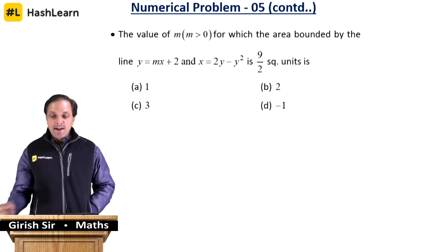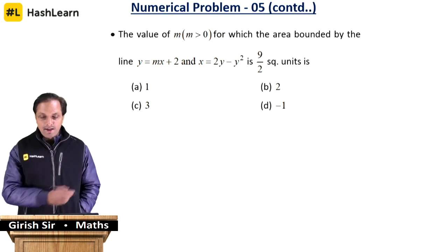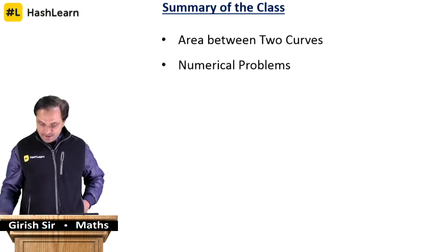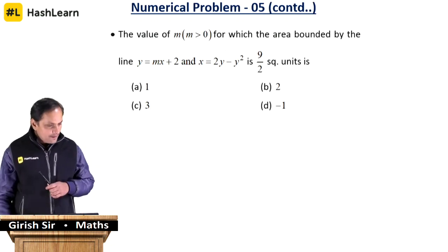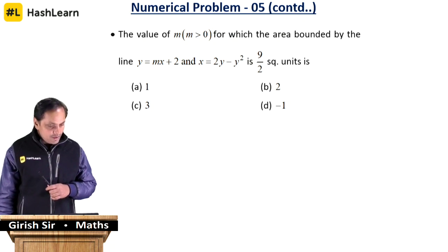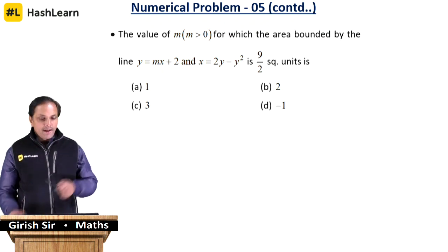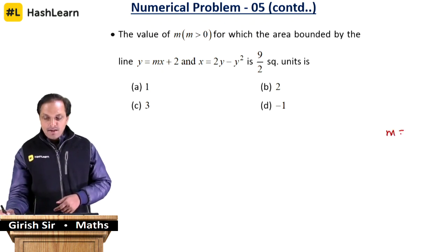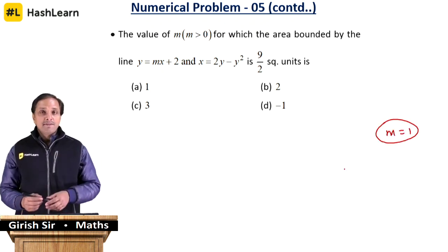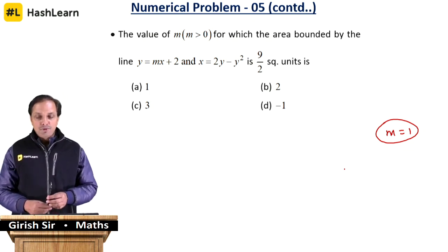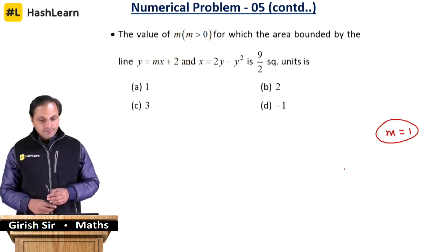Integrate, you will get minus 9 by 2 because it is a negative area. Area is considered as plus. If you were unable to solve it, you can try by taking m is equal to 1 and make use of Desmos. Always Desmos will give you a clear idea how to approach the problem.